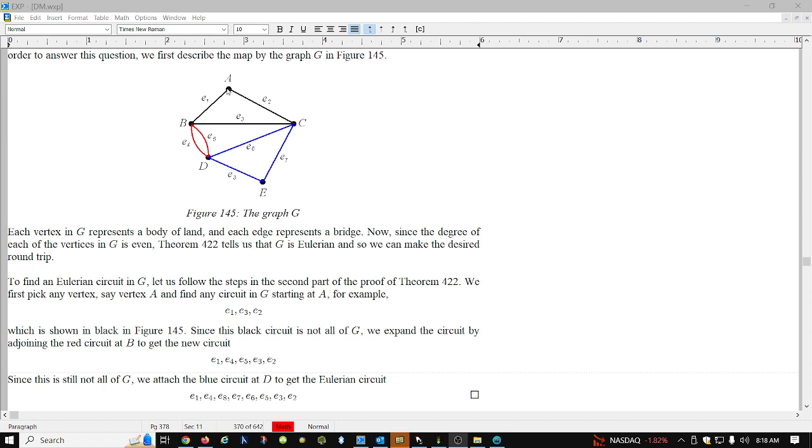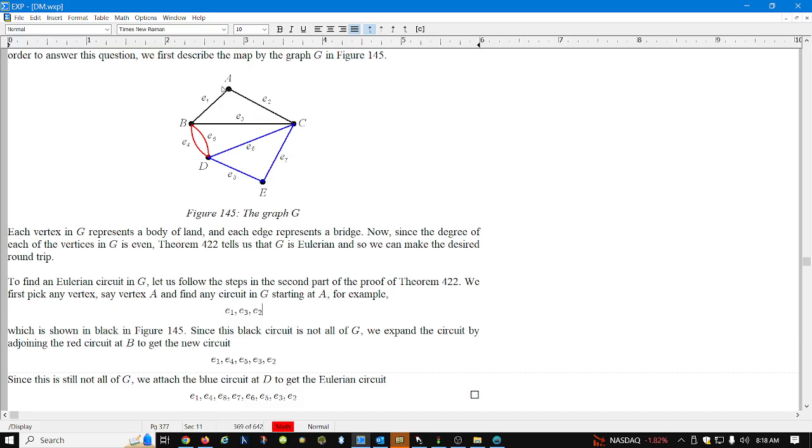So we just take it one step at a time. E1, E3, E2. So that's here. That's the black subgraph.